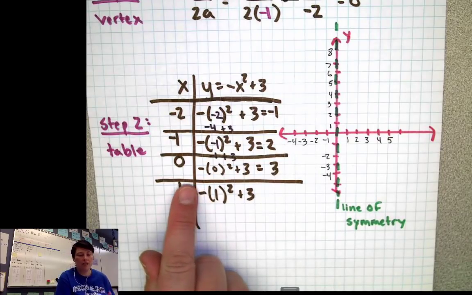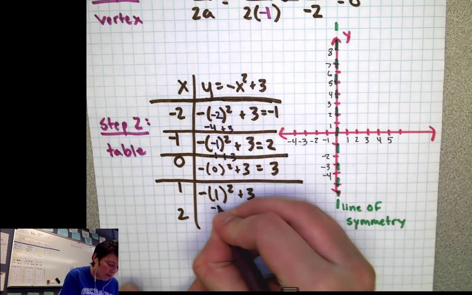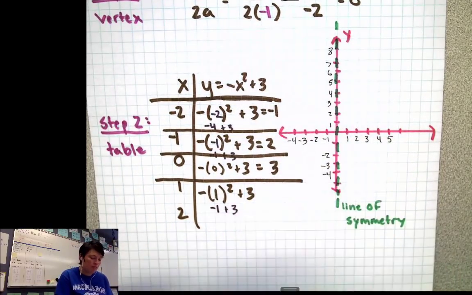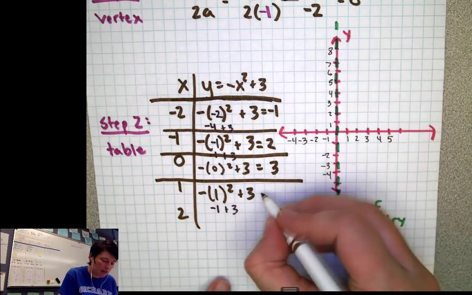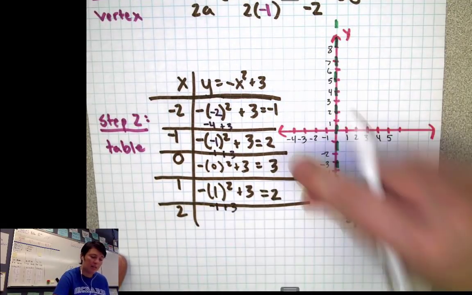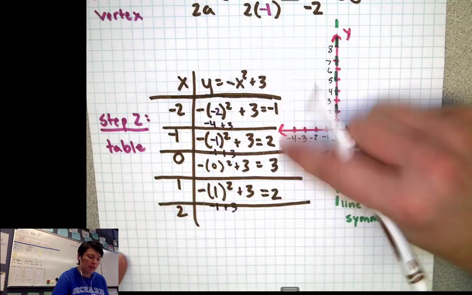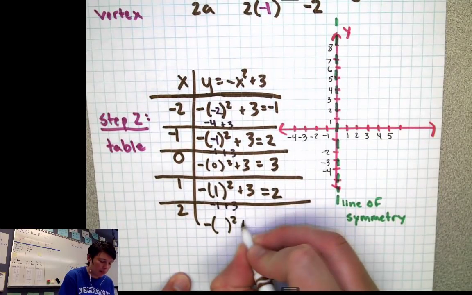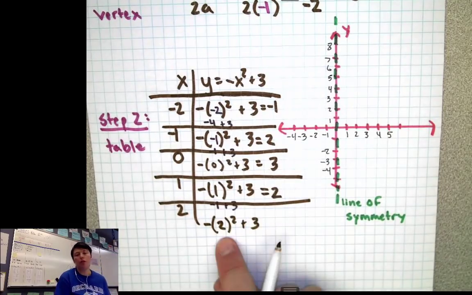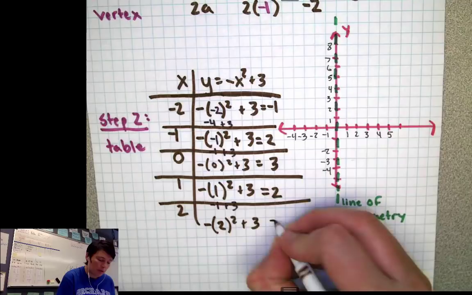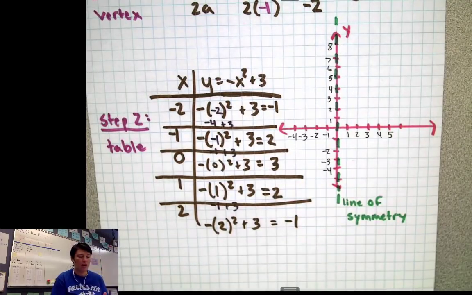But with the negative, it'll be a negative 1 plus 3, and negative 1 plus 3 equals 2. Exactly what we guessed it would be. Of course it's 2 because it has to match the one up here. So the next one's going to be negative 1. It'll be negative blank squared plus 3. We're going to put a 2 in there. 2 squared is 4, but it's a negative 4 plus 3, which equals a negative 1, just like we thought.